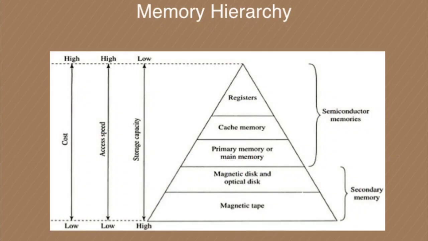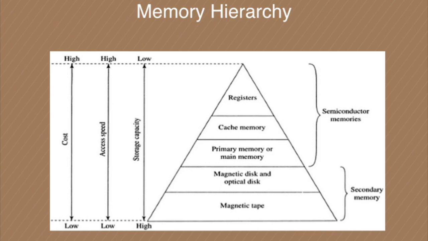We will learn about memory hierarchy. You can see a figure here. It's a pyramid-like figure. At the top we are representing registers, then cache memory, then primary memory. Finally, we are representing secondary memories like magnetic disk and magnetic tape.